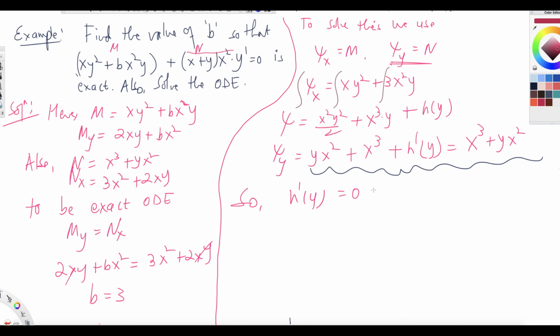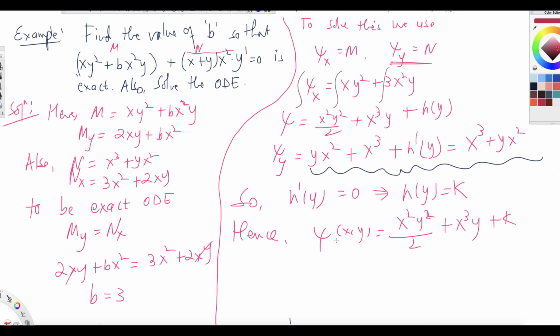You get that implies h of y is equal to a constant k, right? So what do we do? Hence psi of x, y equals x squared y squared over 2 plus x cubed y plus a constant. That is the value of psi.